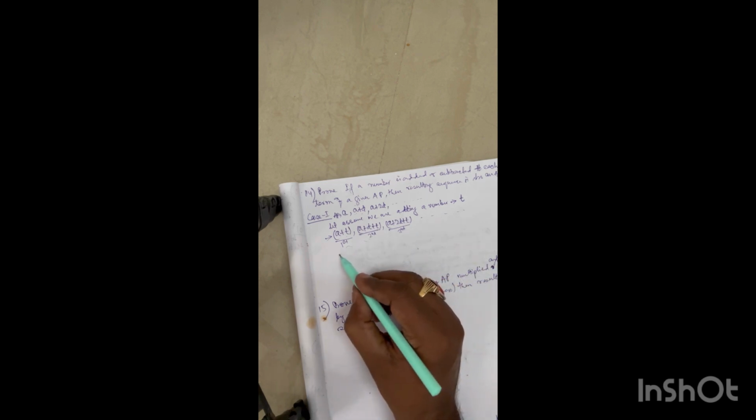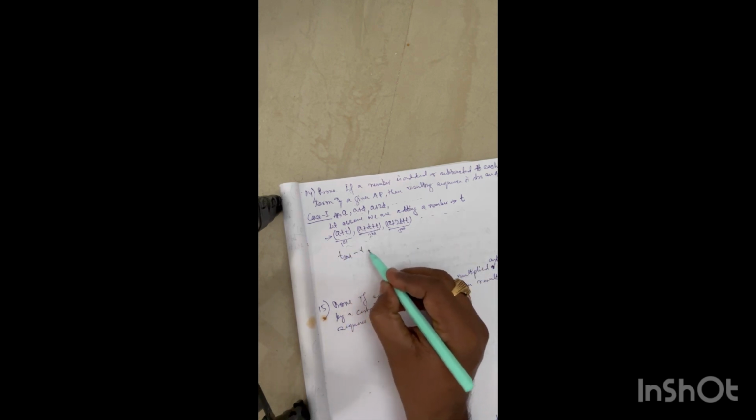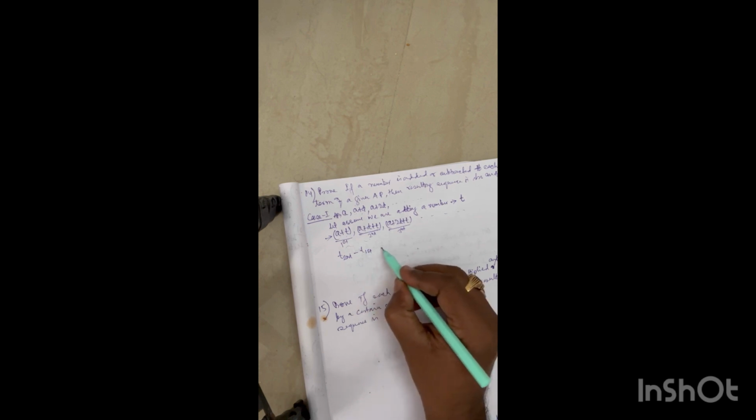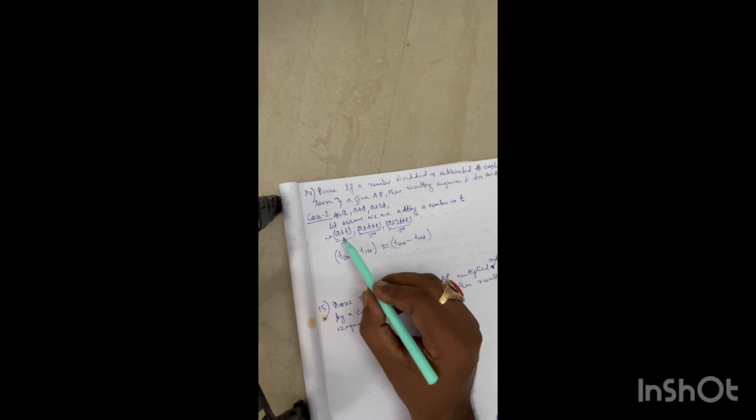That means term second minus term first of the new series has to be equal to term third minus term second. If I can prove it, then we can definitely say that the series is an AP.